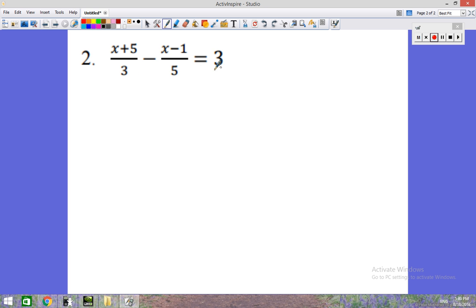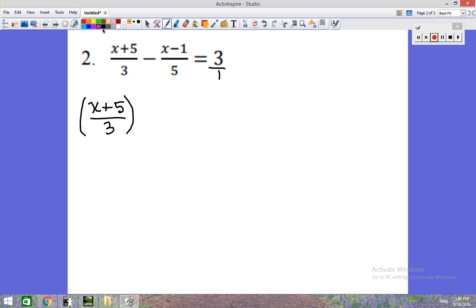All right, so I look and I see that there are 3 terms. There are 2 terms on the left-hand side and a single term on the right-hand side. I can rewrite this 3 as 3 over 1. I look and say, hey, the least common denominator of 3, 5, and 1 is 15. So we want to write each of these terms as a fraction with a denominator of 15.